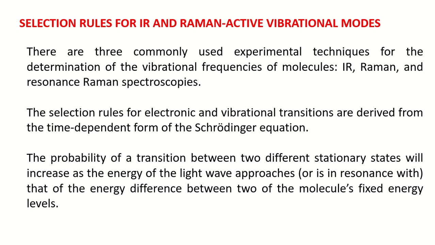The selection rules for electronic and vibrational transitions are derived from the time dependent form of the Schrödinger equation, by a consideration of the way in which the oscillating electric field of the light wave acts as a dipole moment component of the molecule.